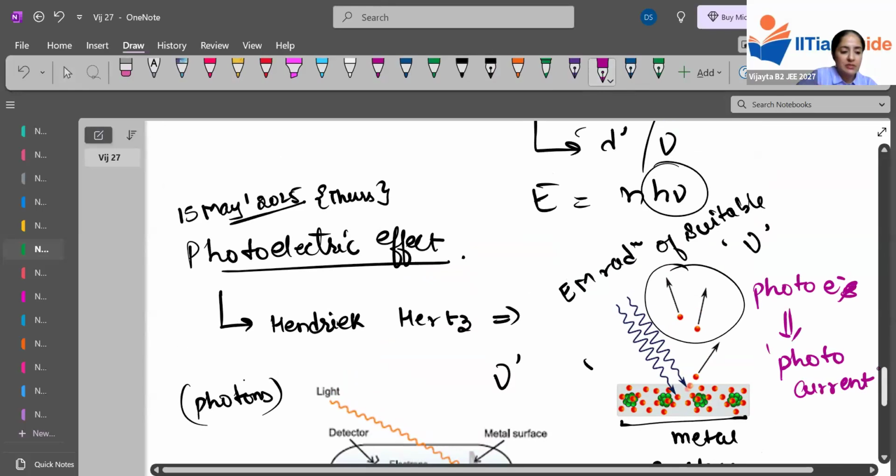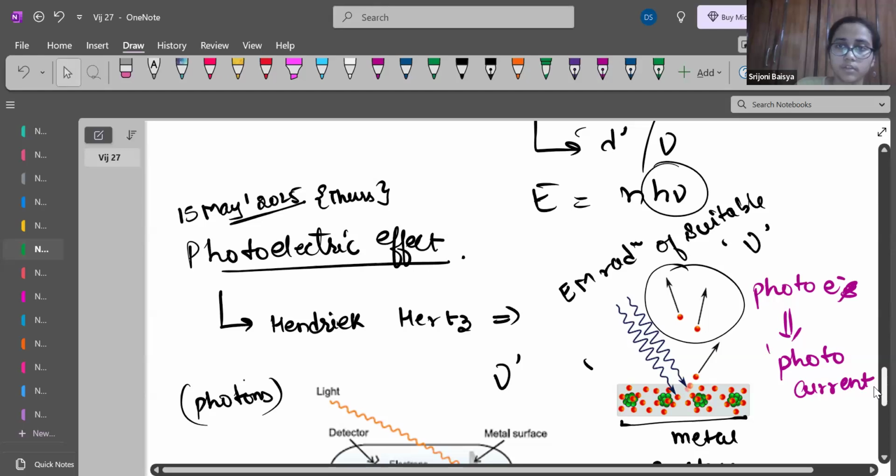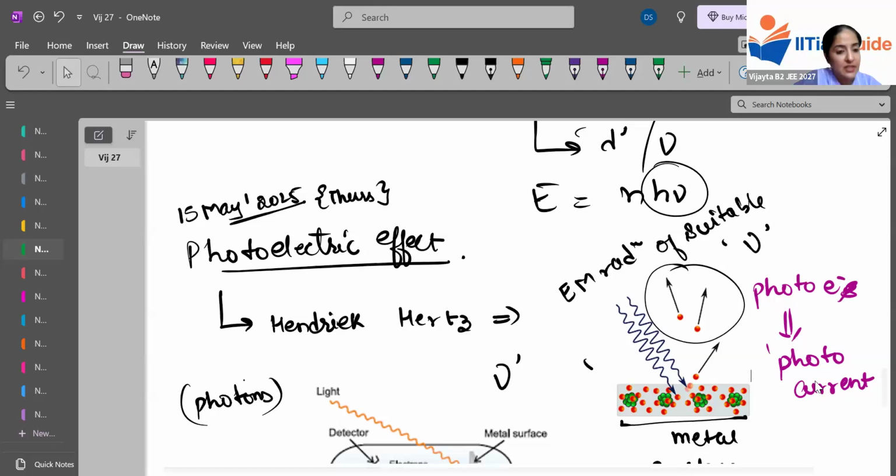I'm telling you these terms because in numericals they will use photocurrent and students get confused. Photons are the particles of light which strike the metal surface. From the metal surface, electrons are ejected, those are photoelectrons, and the current so generated is photocurrent.